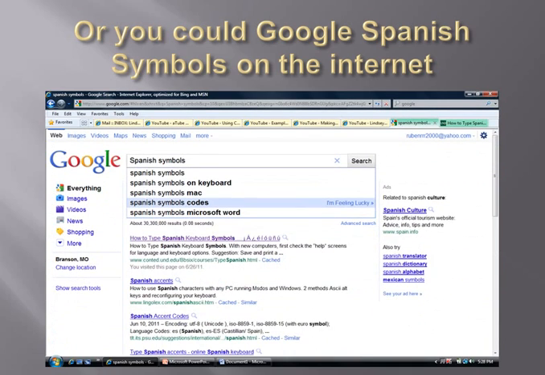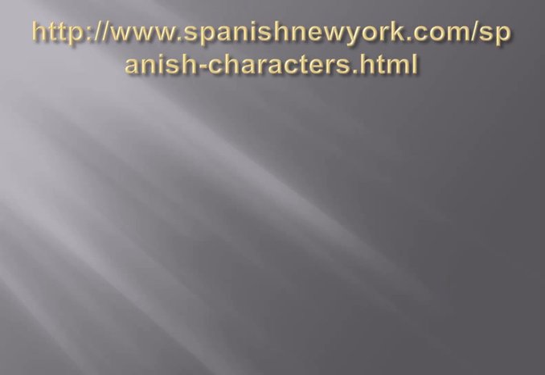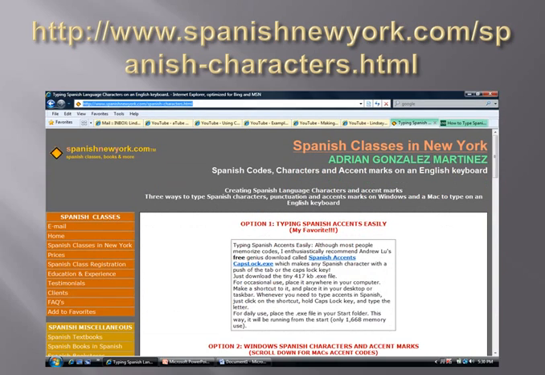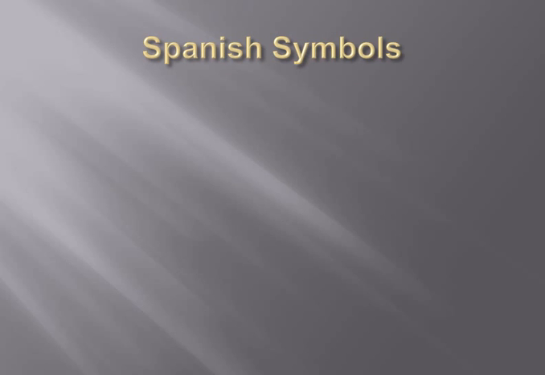And as you can see, there are different choices that you can pick, and I have picked one for us, which is SpanishNewYork.com, and that is what the website looks like, and we'll go there in a minute. These are the Spanish symbols.